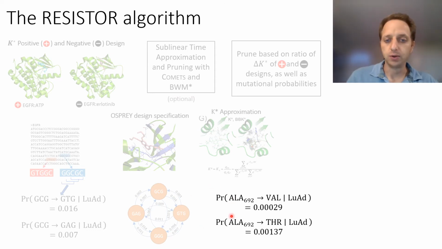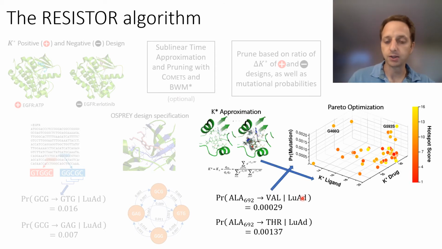From that, we're able to calculate the probability that, for example, alanine 692 mutates to valine in lung adenocarcinoma, and all of the other potential mutations. And we combine those predictions along with the K-star predictions and the hotspot cardinality predictions using Pareto optimization to rank every potential resistance-causing sequence.